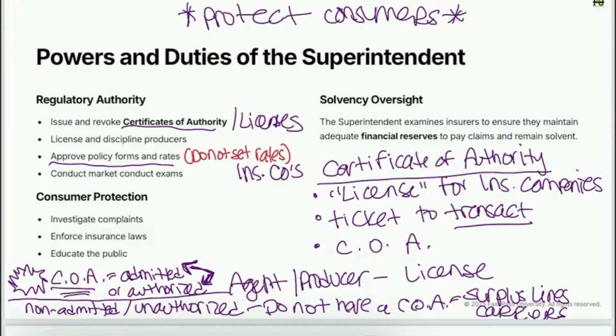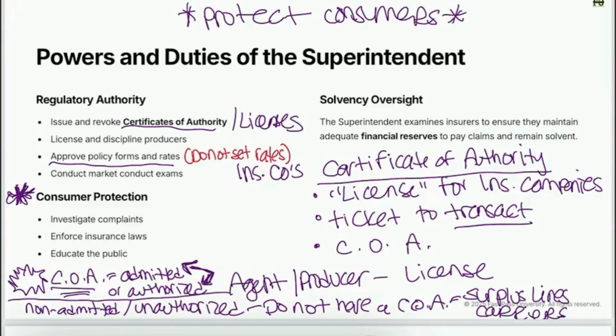They investigate complaints. So if a customer or another agent wants to report a complaint, they can do so on the New York Department of Insurance website, and the superintendent and their team would investigate those. They enforce insurance laws and help educate and protect the public.